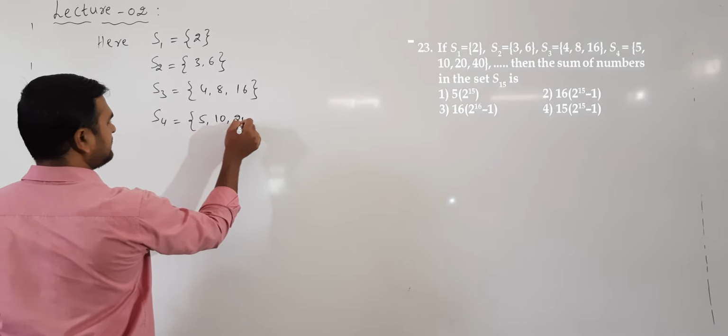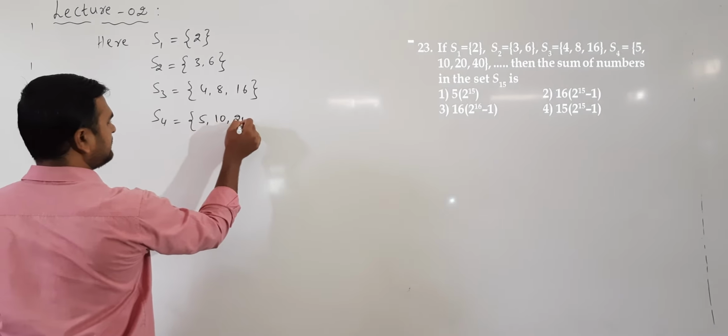Now observe the pattern here. S1 we have 2, S2 we have 3, 6. First we have to find the starting term. What will be the starting term in each of the sets? S1 starts with 2, S2 starts with 3, S3 starts with 4, S4 starts with 5, S5 will start with 6.